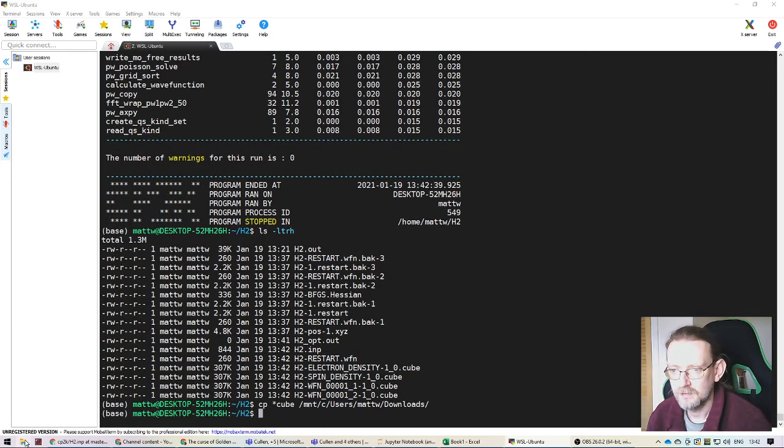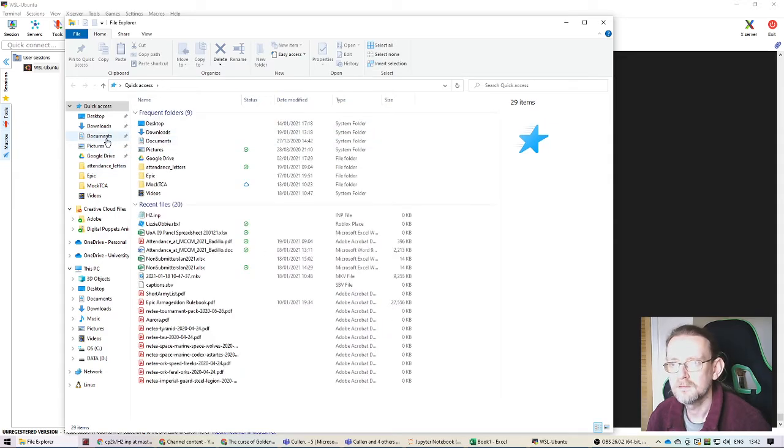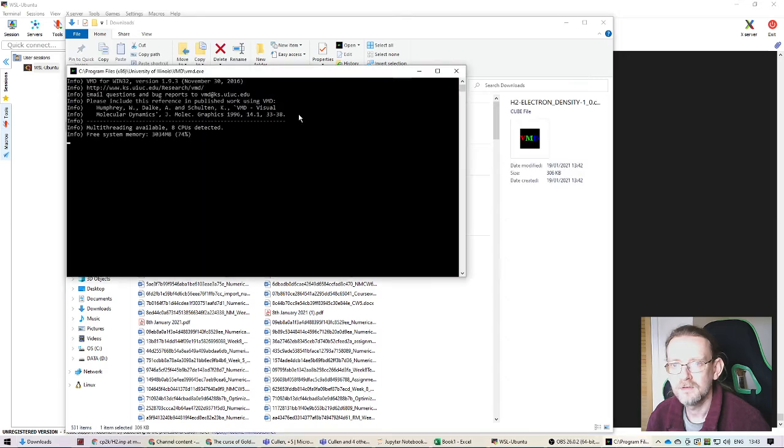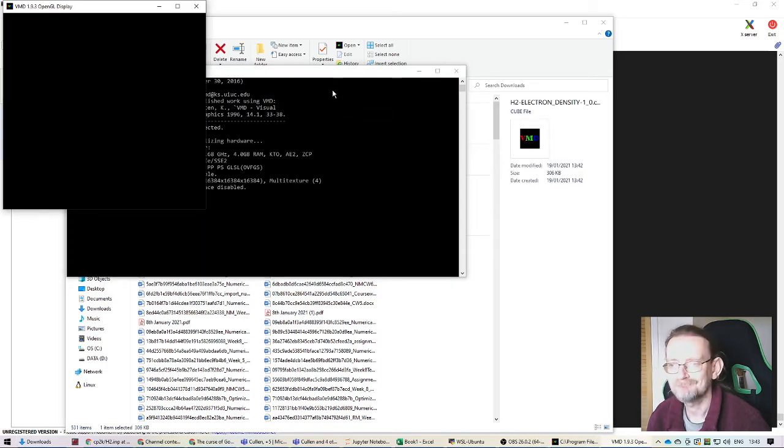Now I will go to the downloads file and I can look at the electron density.